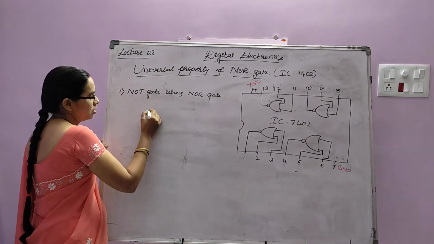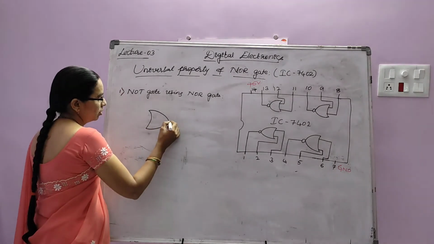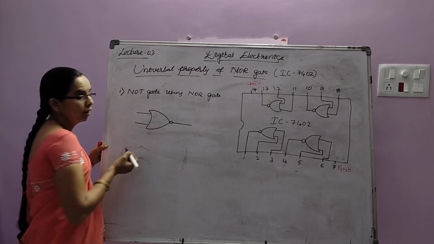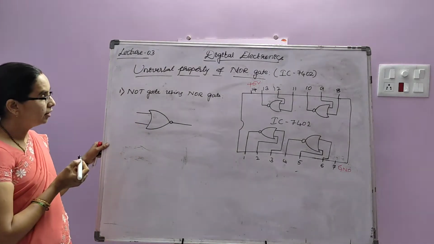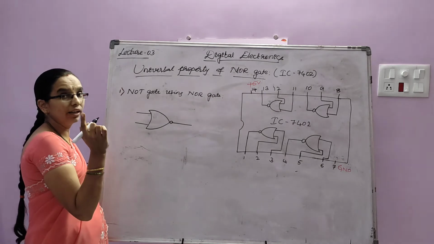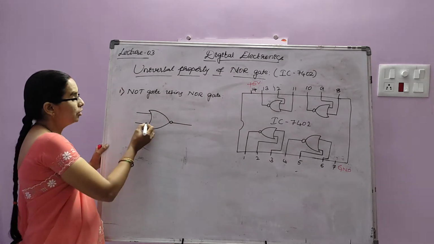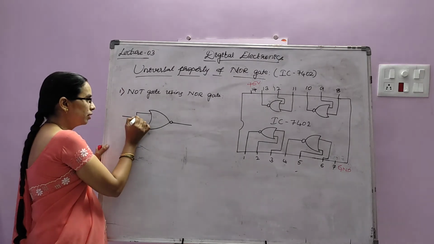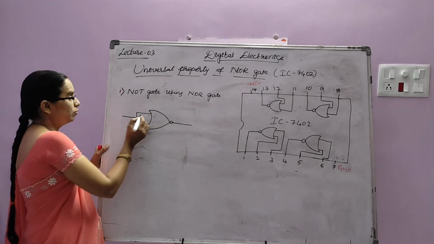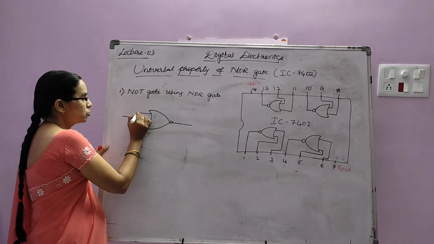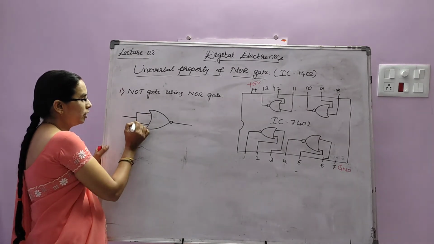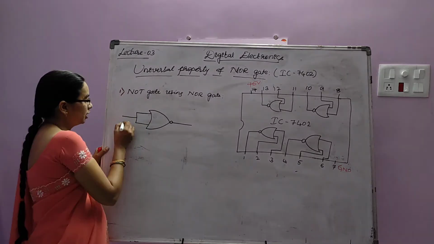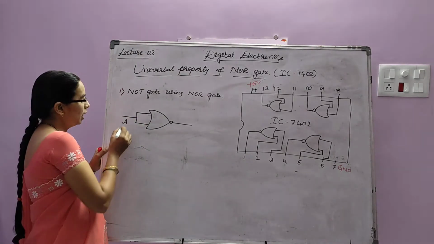So this is the NOR gate which is having 2 inputs. To construct a NOT gate we require only one NAND gate, right? In the same way, to construct NOT gate we require only one NOR gate. Both the inputs of the 2 input NOR gate are joined together and it will become a single input.